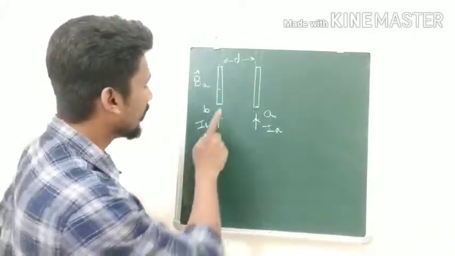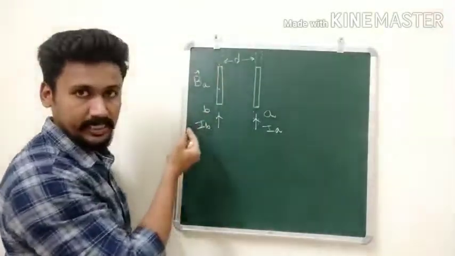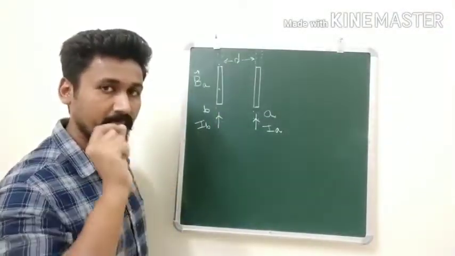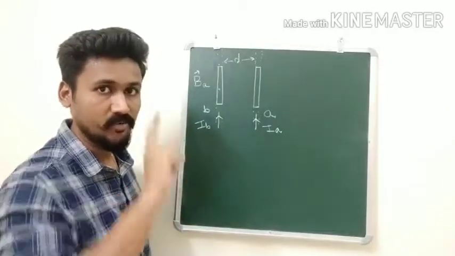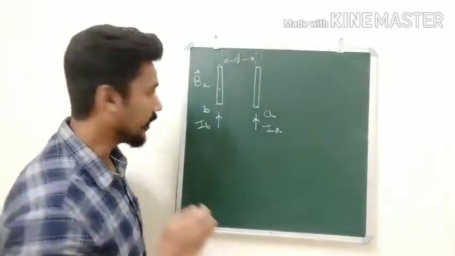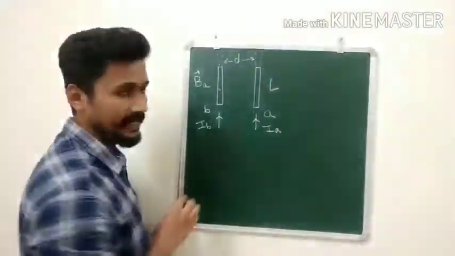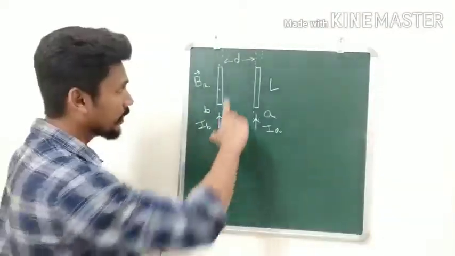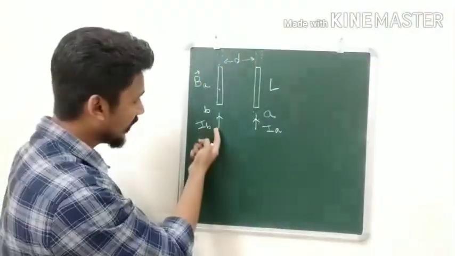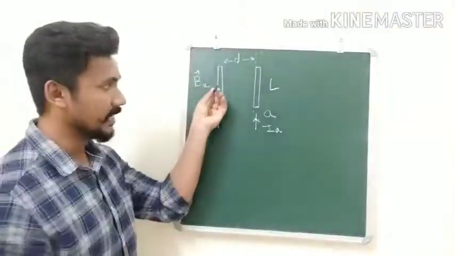Now because of this magnetic field and the current going here, there is going to be a force. I am sure you remember that equation: whenever there is a current flowing in a conductor, the force is given by I L cross B. Let us imagine this particular length, equal to capital L. On this length there is going to be a force. The current is going upwards and the magnetic field is pointing outwards.